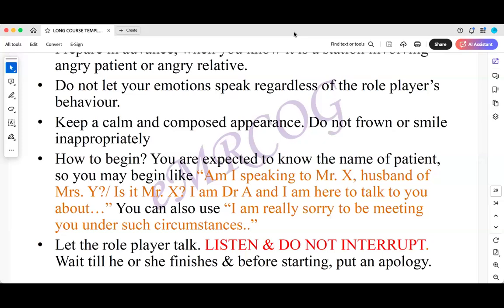The role player says, I lost my aunt because she had ovarian cancer this year. And you're not commenting, but saying, and how old was she when she got the cancer? And do you have any other family history?